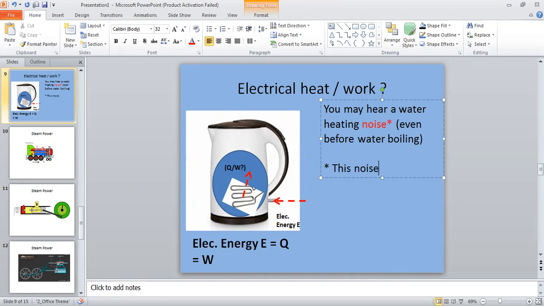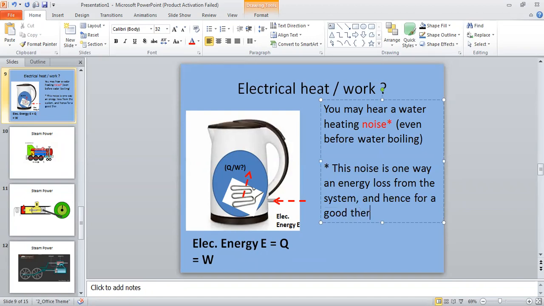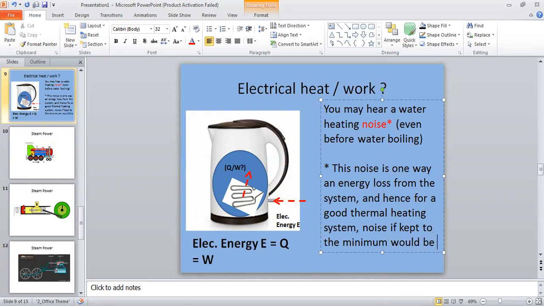This noise is one way of energy loss from the system, and hence for a good thermal heating system, if this noise is kept to the minimum, it would be a low entropy or energy saving process.